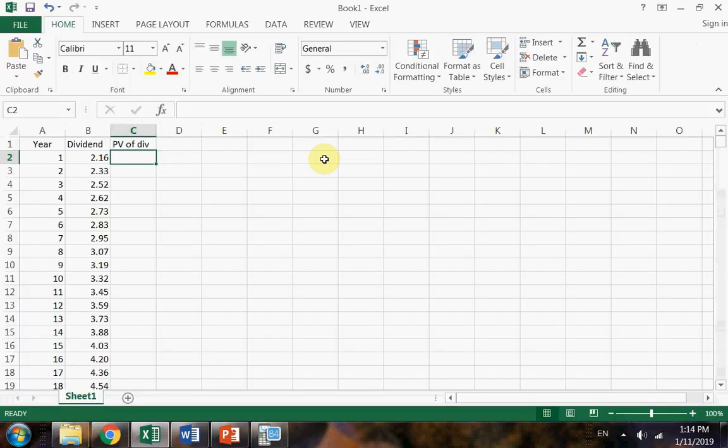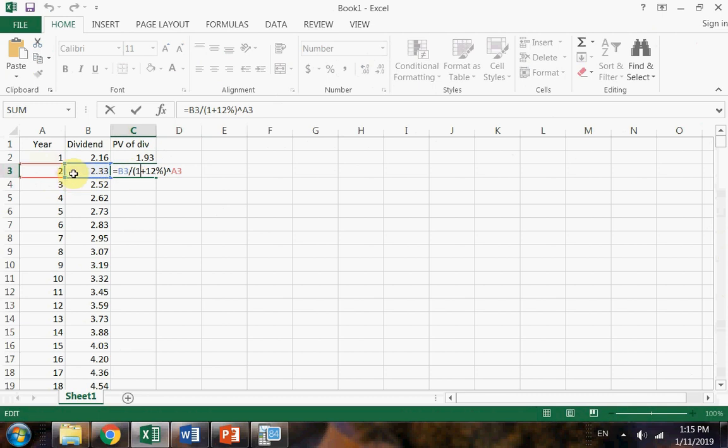So I'm going to use this first year dividend divided by 1.12, that's easier, raised to the power of the year number, which is 1. So $2.16 discounted to today's dollar at a 12% rate gives you 1.93. I just simply drag it down.